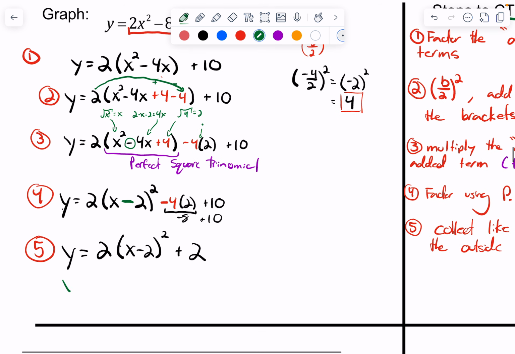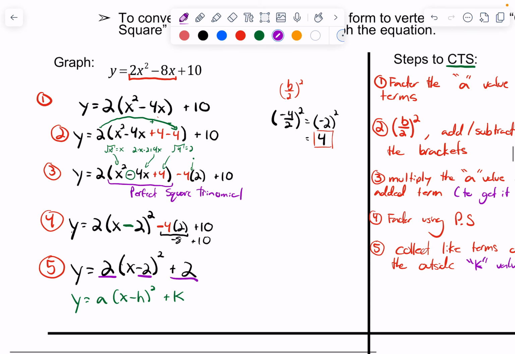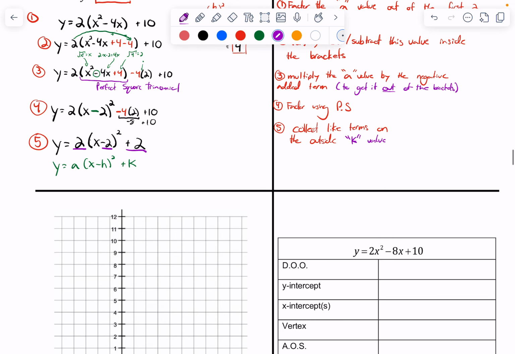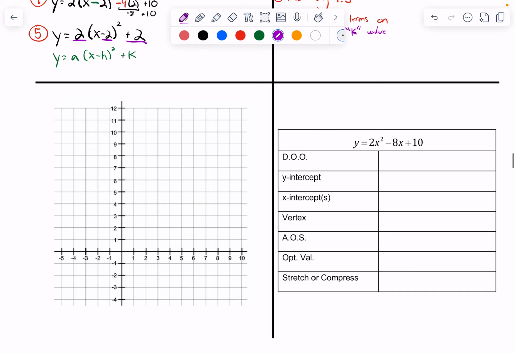This is y equals a times x minus h squared plus k. Here's your k, here's your h, here's your a. And notice how we got there from standard form, okay? So let's do that. Oh, actually, first let's graph it.